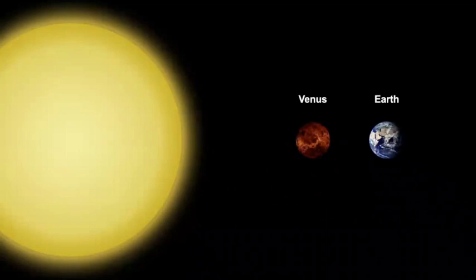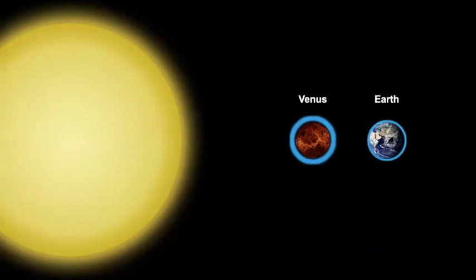Let's make a comparison. Here are the two other planets who are close to us. Venus, and we will talk about Mercury soon. Venus and Mercury are about the same size. Venus is just about 400 kilometers in diameter, bigger than planet Earth. Now, look at the atmosphere of planet Earth. Look at the atmosphere of Venus.